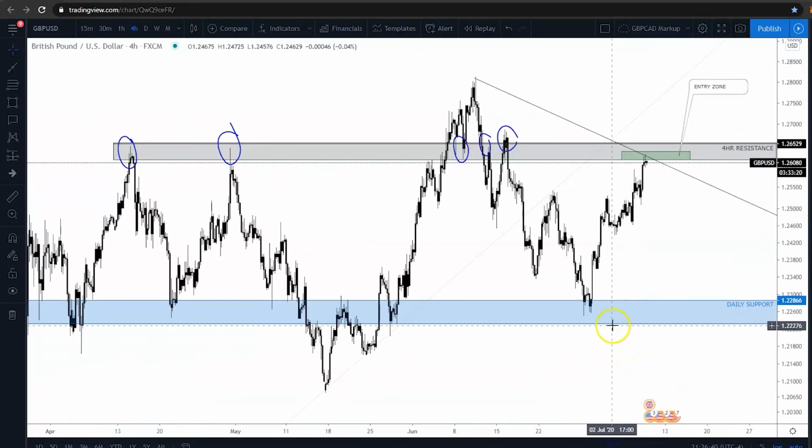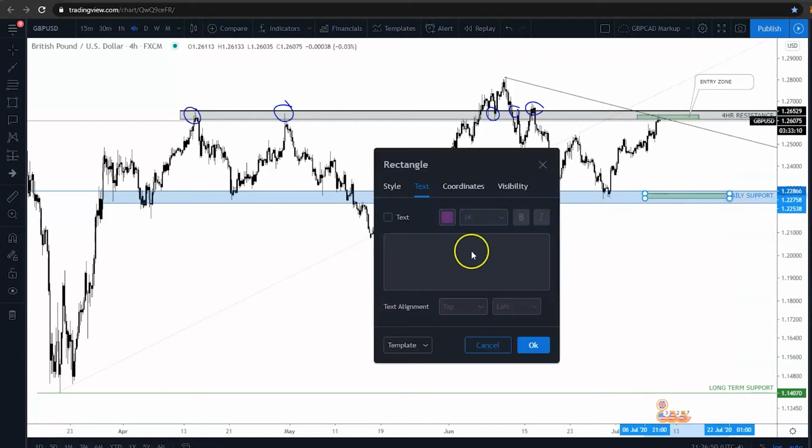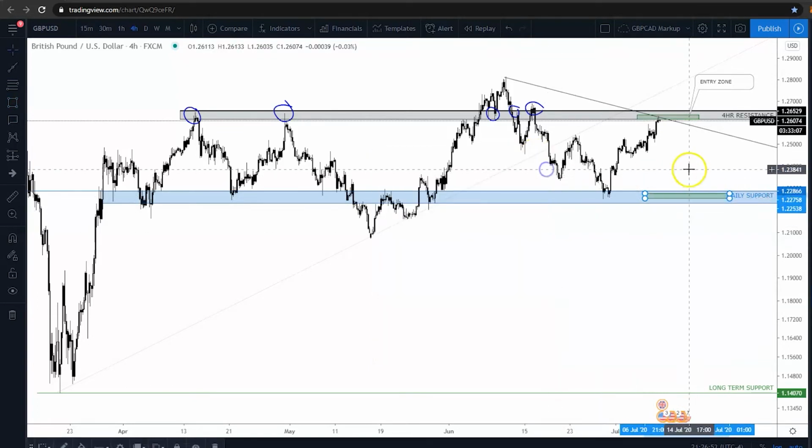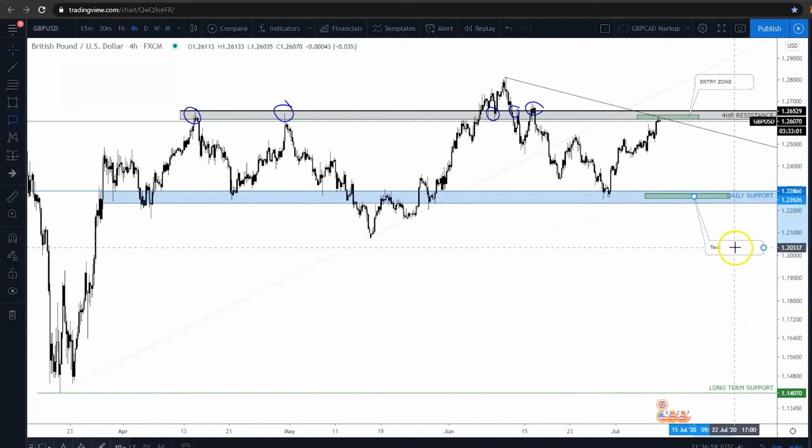Okay. And then we said that this is the next major level that price should come to. So I need that, and then I'm going to label this as my support. So, I mean my take profit zone.